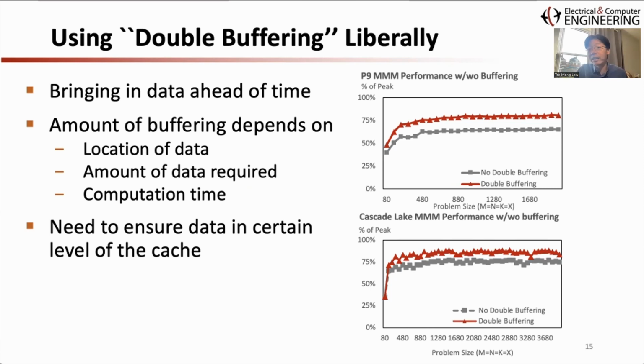And this is where a trade-off decision has to be made, right? If we want data to be in L1, we only need a small amount of computation time to hide the cost of bringing the data ahead of time. So maybe even double buffering, if the data is in L1, is not necessary. But as you go lower and lower down the memory hierarchy, further and further away from the functional units, the latency increases.